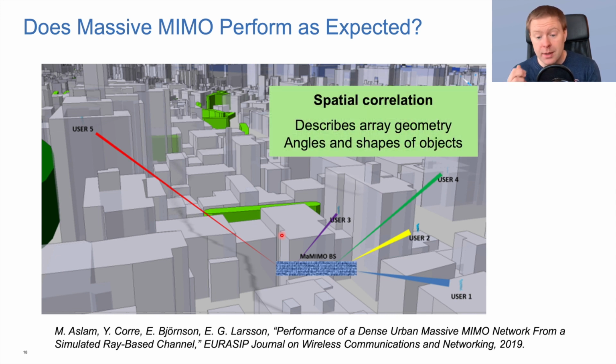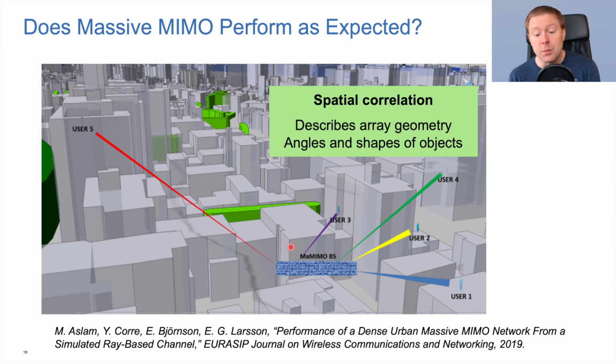And what's important here is that we need to consider something called spatial correlation, namely that the array geometry is determining how the channels to different users will look, and also the angles and shapes of different objects in the propagation environment are important. And this was something that Thomas Marzetta was not caring about in his first paper. He considered the simplest model where all of the different channel components are independent and Gaussian distributed, known as the independent Rayleigh fading model.